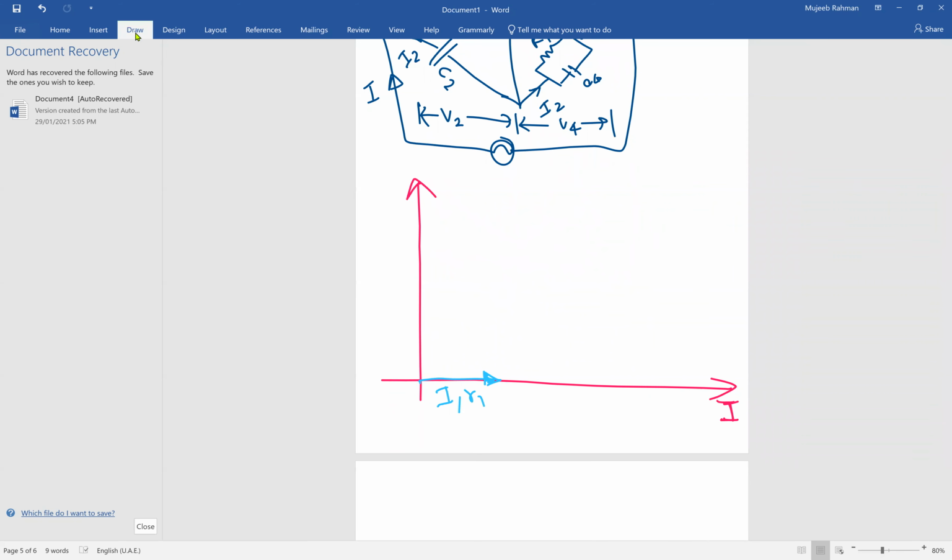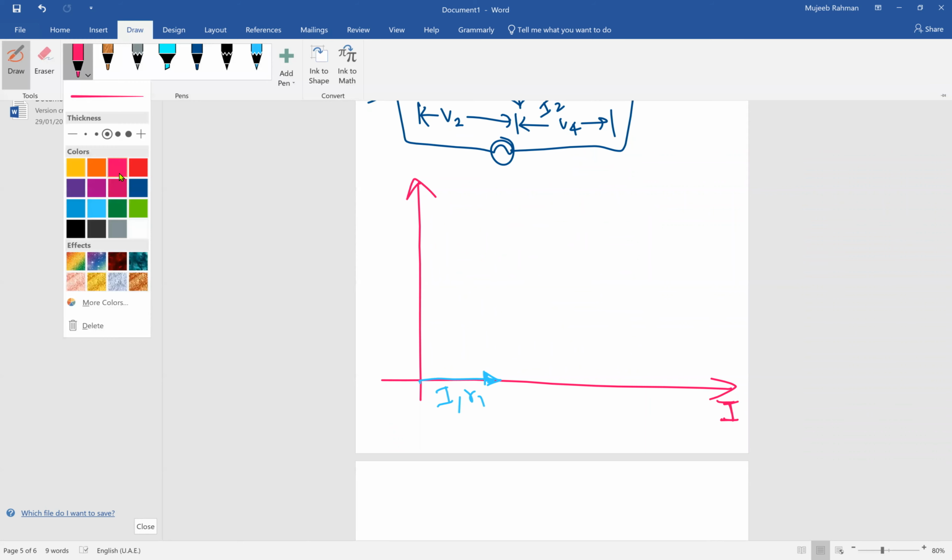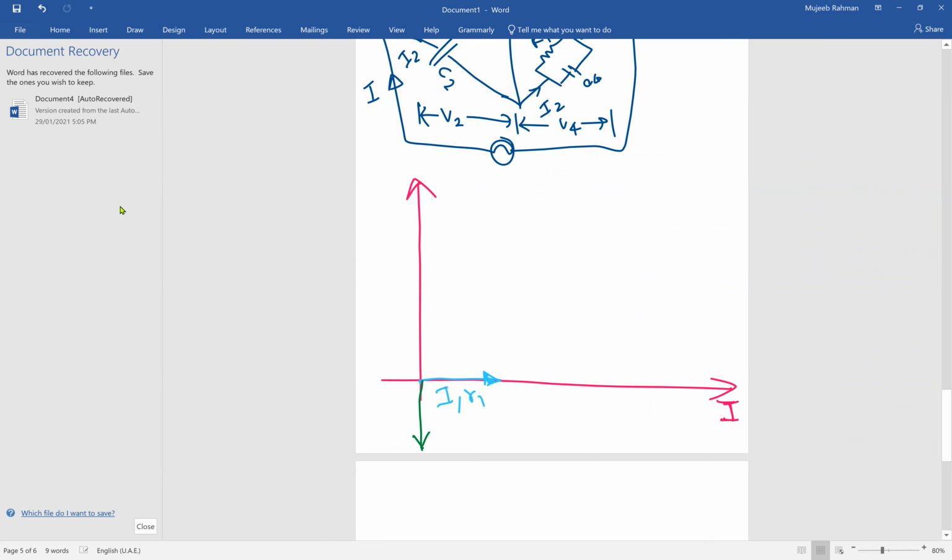Now the drop across the capacitor is the reactive component, and that is 90 degrees from this. So this we can mark as I1 into X1. The resultant voltage across this particular branch, which is V1, we get by finding the vector sum of these two.